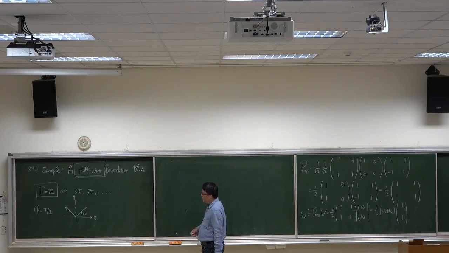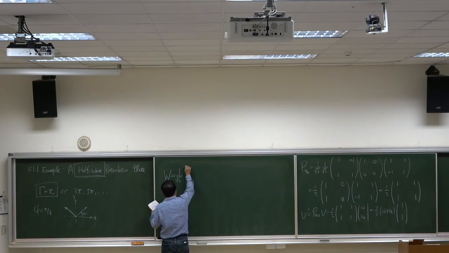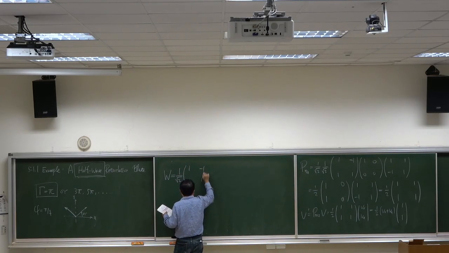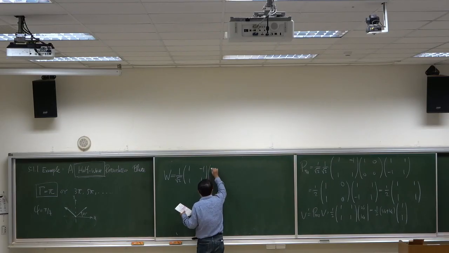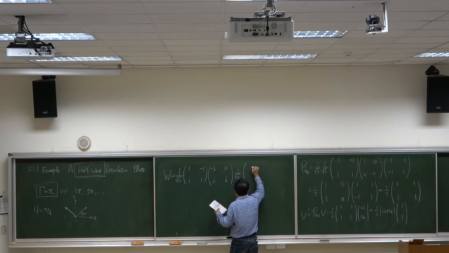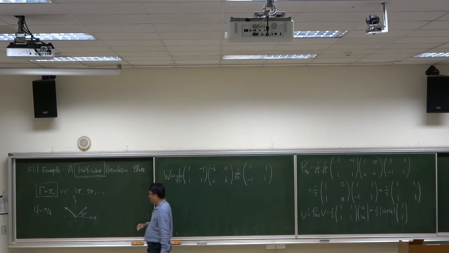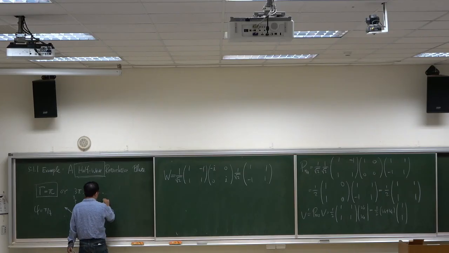Okay. Once we have this result, then W is equal to this matrix: minus i, 0, 0, i. Here we have used the factor exponential of minus i gamma over 2, and now gamma is equal to pi.